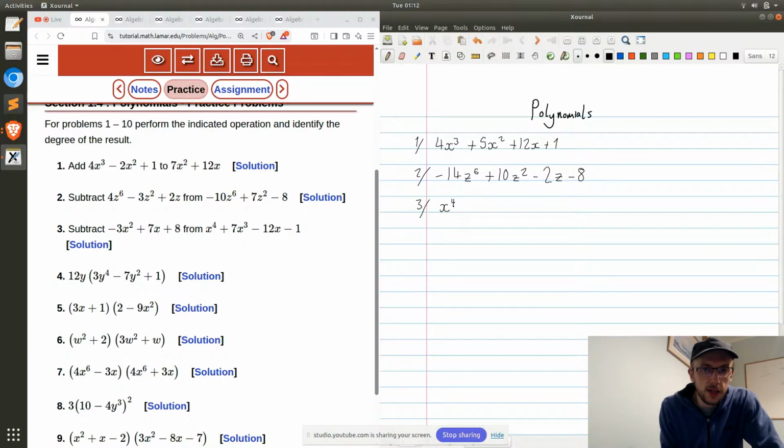So it should begin x to the 4, followed by 7x cubed, followed by 3x squared, then negative 19x, then negative 9. Expanding this, and now this.